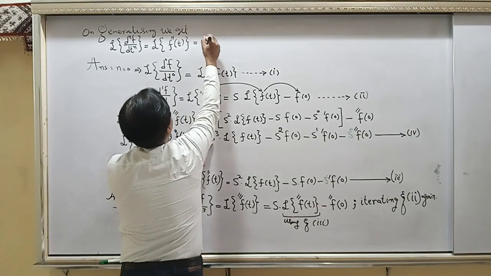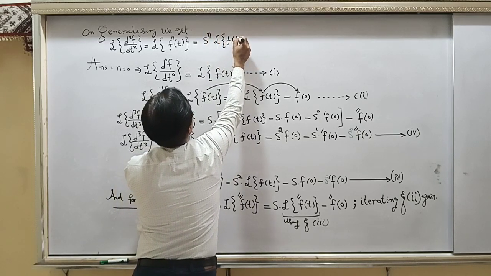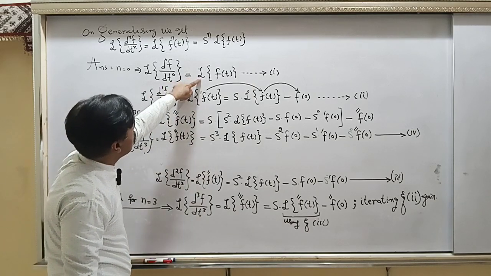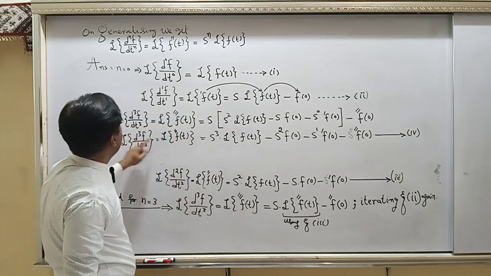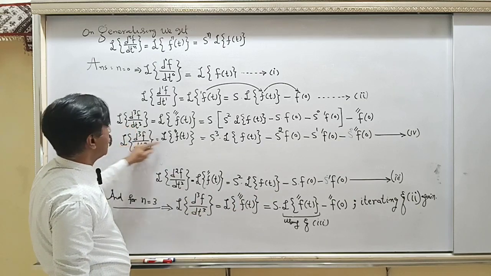So here you will have s^n into the Laplace transform of f(t), because L of f(t) appears in equation number 1, in equation number 2, in equation number 3, and then in equation number 4.